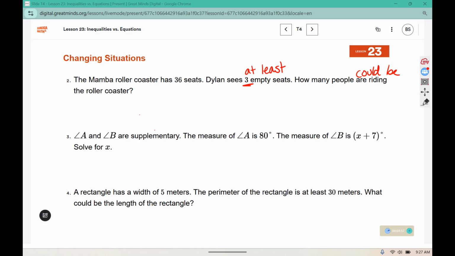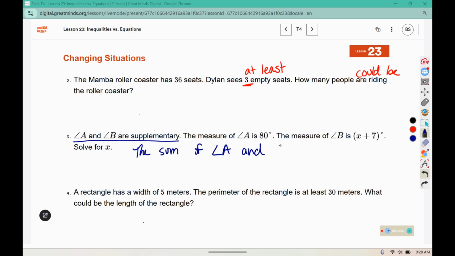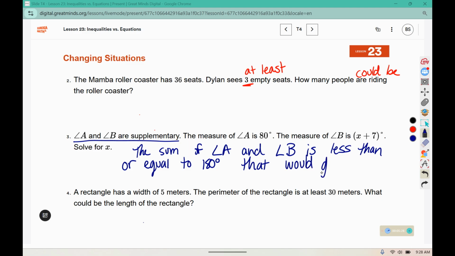If we said that the sum of angle A and angle B is less than or equal to 180, that would give us a range of possible values for angle B.